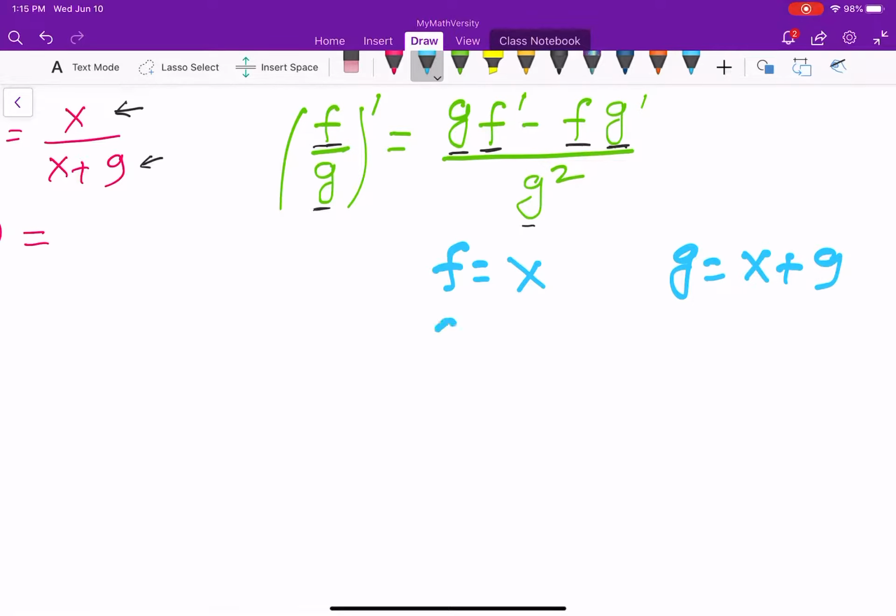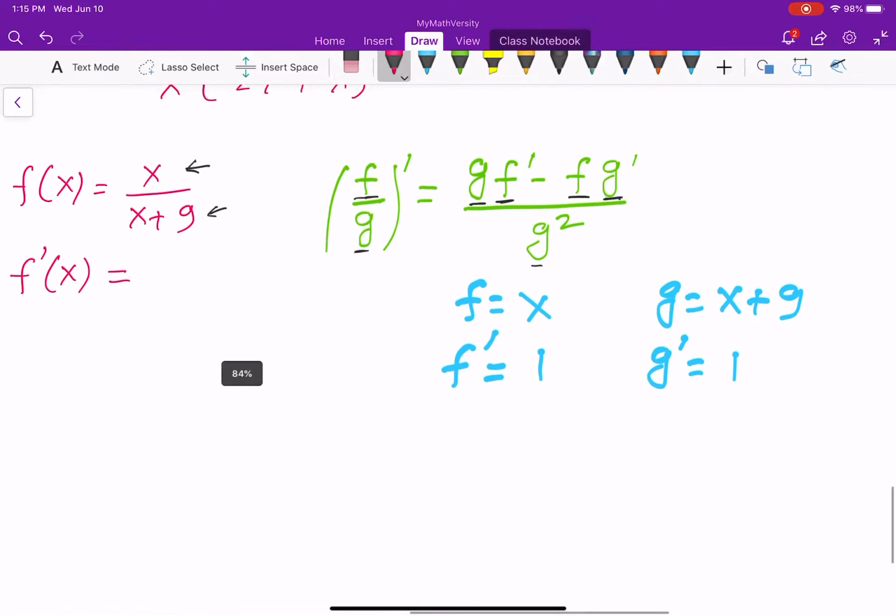So let's find f prime, which is the derivative of x with respect to x, which is just 1. And g prime is the derivative of x, which is 1, plus the derivative of 9, which is 0, so just 1. So we have f prime and g prime.